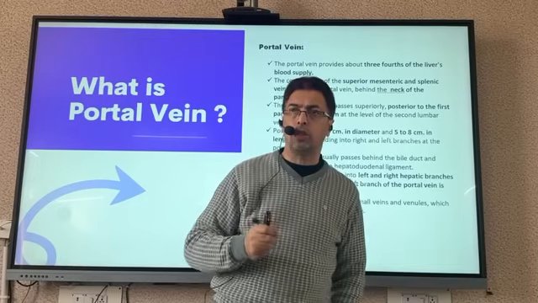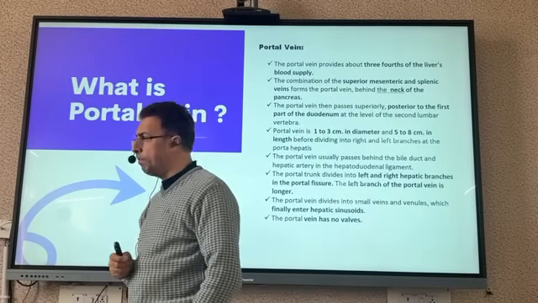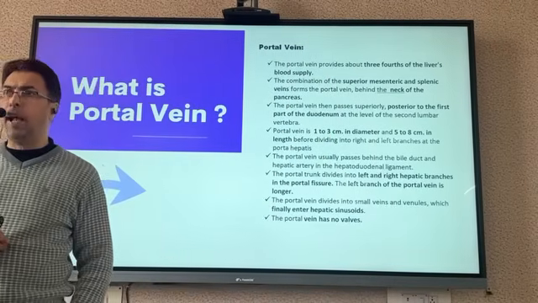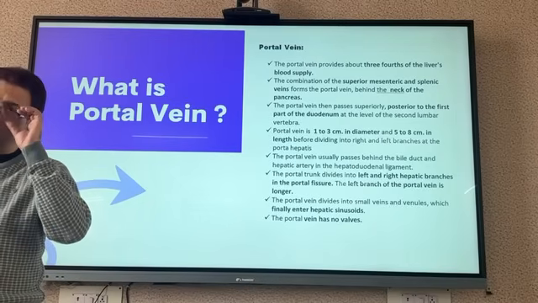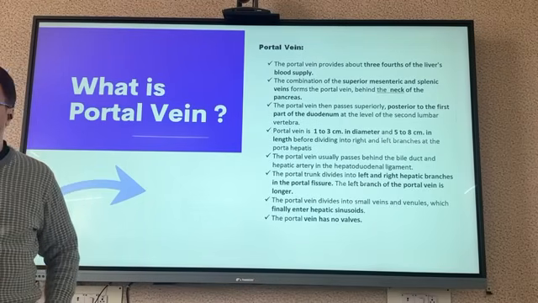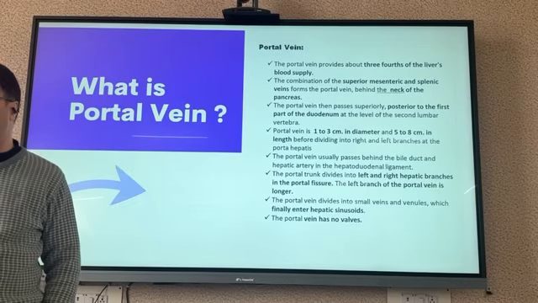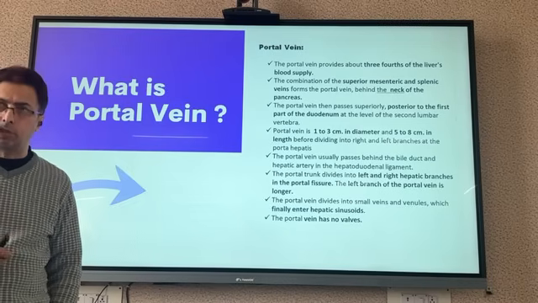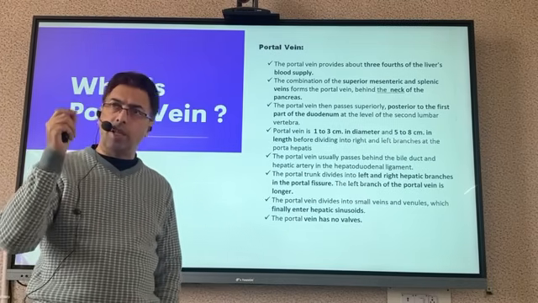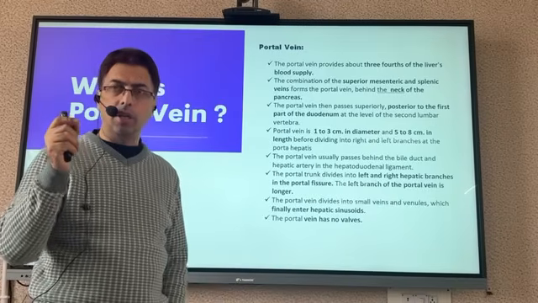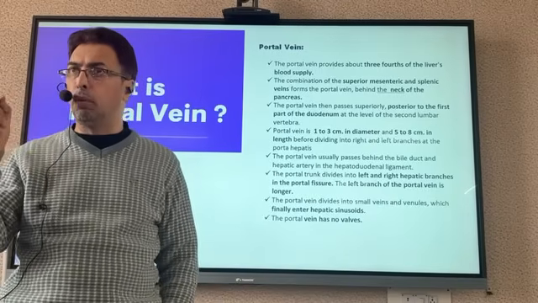So two veins, splenic vein and superior mesenteric vein, come and meet, and that's important. Why do they meet? At the level of the neck of the pancreas. Once I was discussing pancreas with you, there I told you in relation to the neck of the pancreas, we have got the formation of the portal vein.